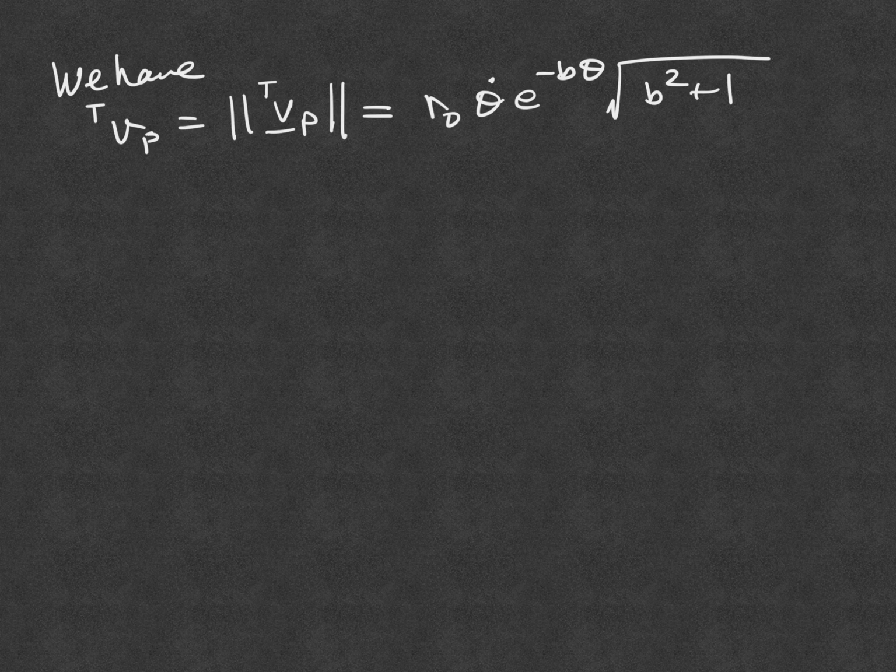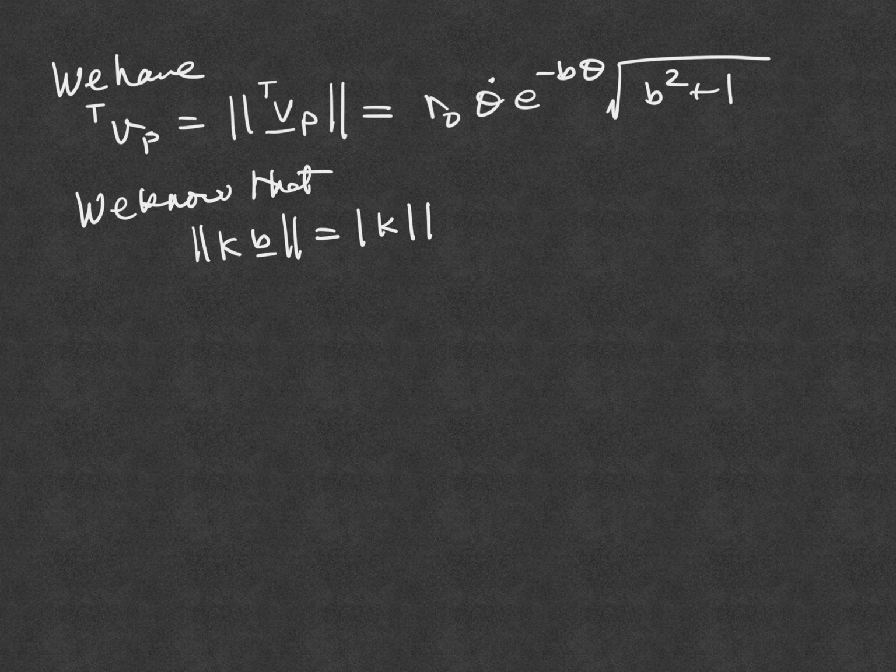Well, we have that any vector, if I take k times a vector b and I take its magnitude, that's equal to the absolute value of k times the magnitude of b.